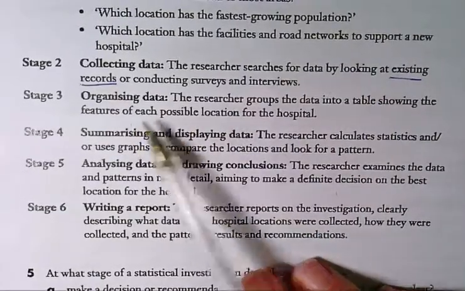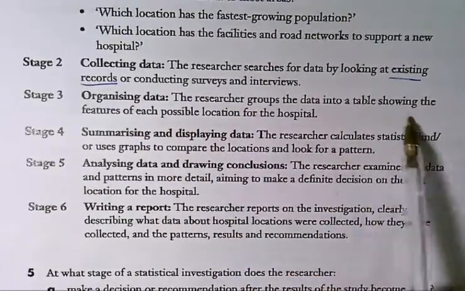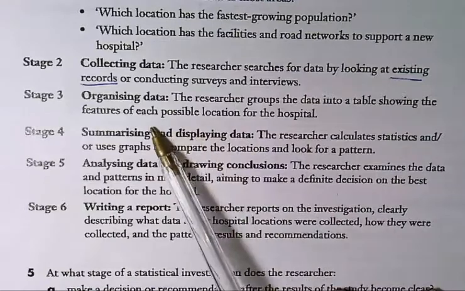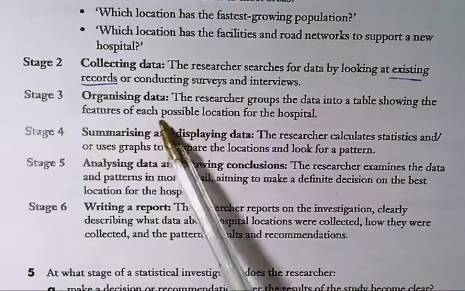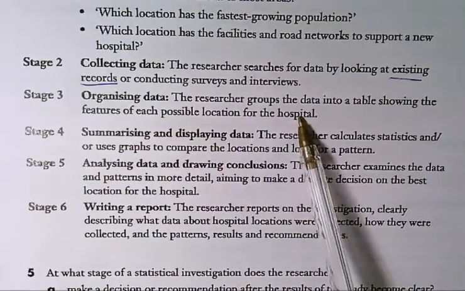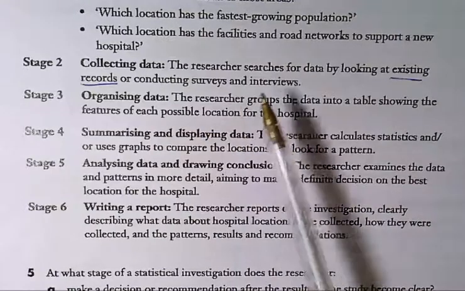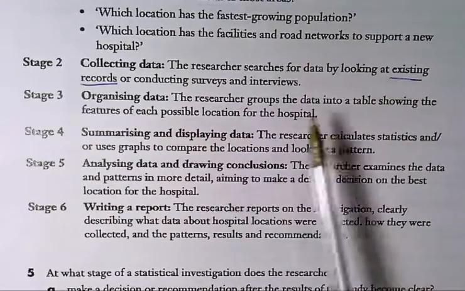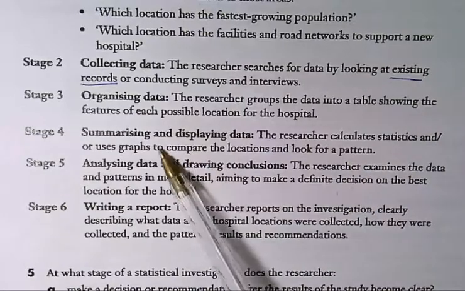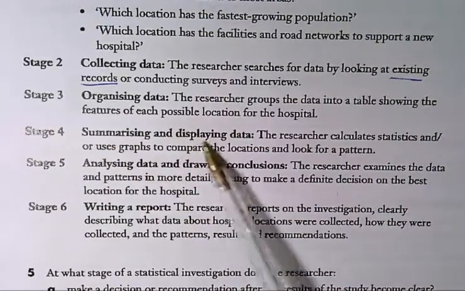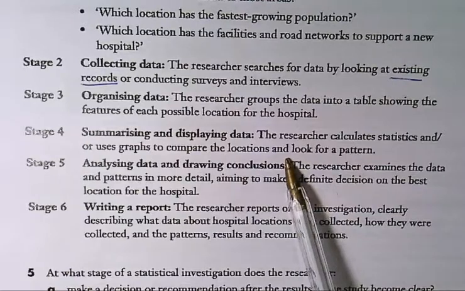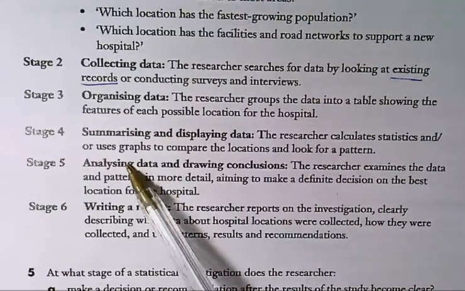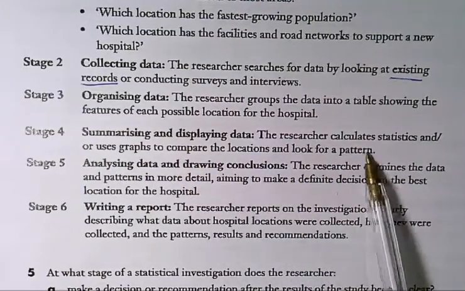Okay, organising data, so they'll put all of that data into a table, showing the features of each possible location for the hospital. Obviously you're not just going to look at one location, you'd have to be comparing some locations. In summarising and displaying the data, the researcher can calculate statistics or use graphs to compare the locations and look for a pattern.